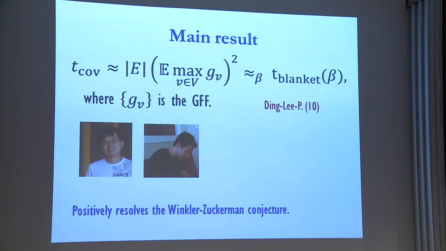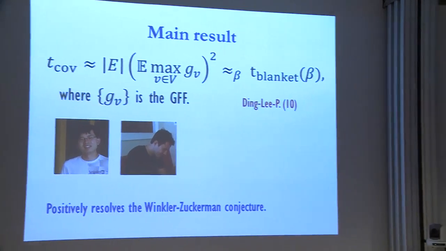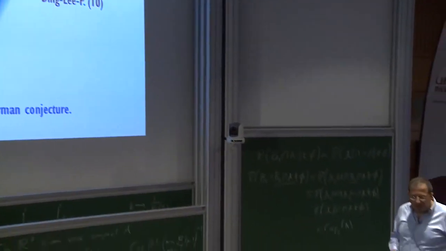And this is also equivalent to the blanket time. We don't know any direct probabilistic proof between the cover time and the blanket time. Obviously, the blanket time is bigger than the cover time, but the other way, we don't know any direct probabilistic argument. It's just via analytic characterizations that we can show they are equivalent.